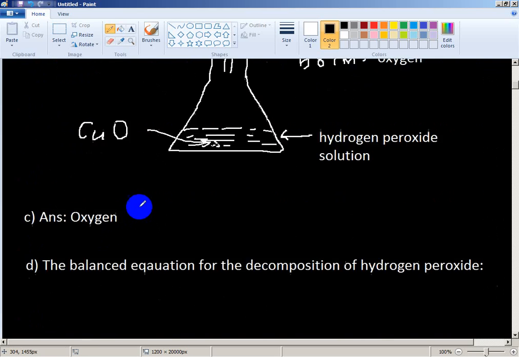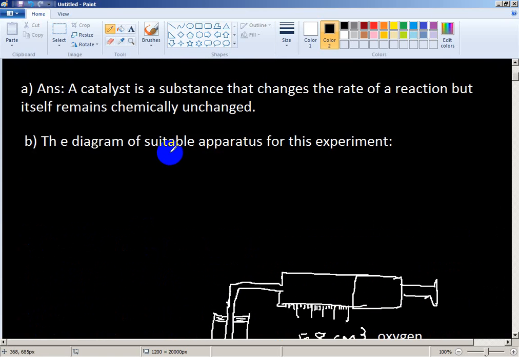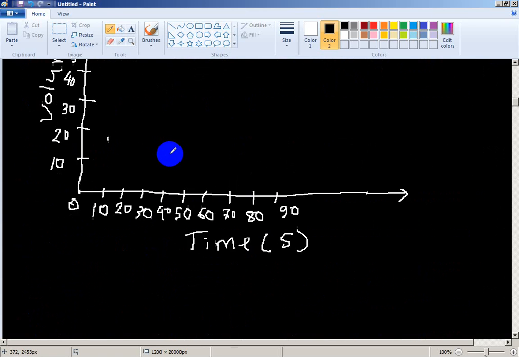Now, when time is 20, volume is 30. Look, this point is 30.